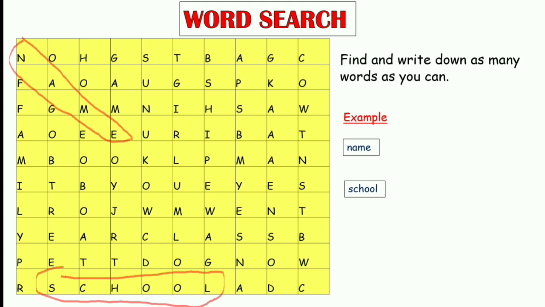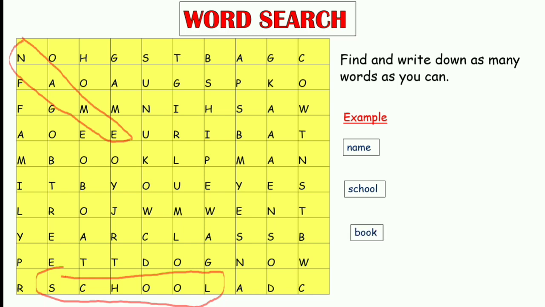Now children, when you are searching for words, you can look out for them in any form, up to down or in a cross way, down to up, slant, straight, sleeping line, standing line, any form you can take and find your words. So I have got 2 of them.